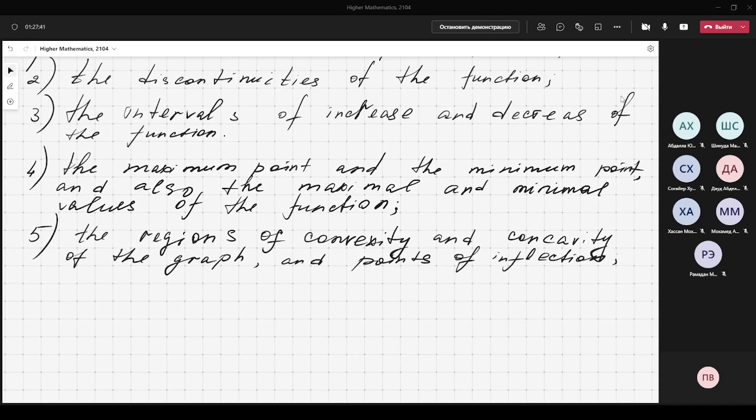The sixth, the asymptotes of the graph of the function.